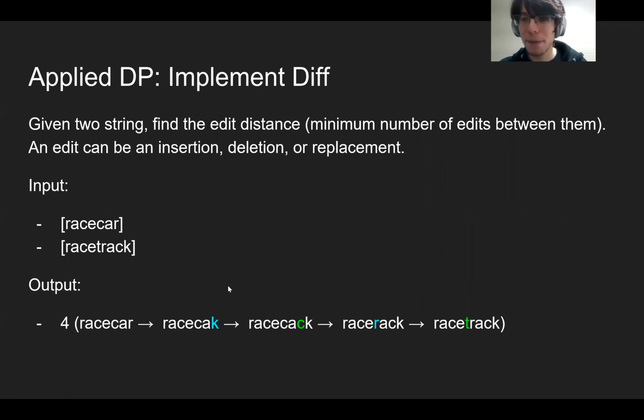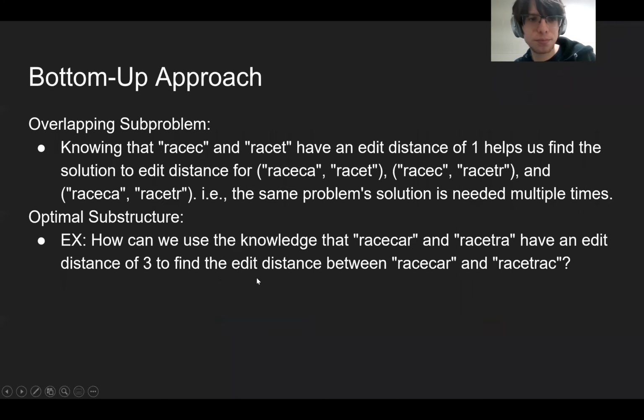Okay, now we're going to start going over the solution and going over the example a little more in detail. So, bottom-up approach. We notice that there are overlapping subproblems, which is why dynamic programming is perfect for this.